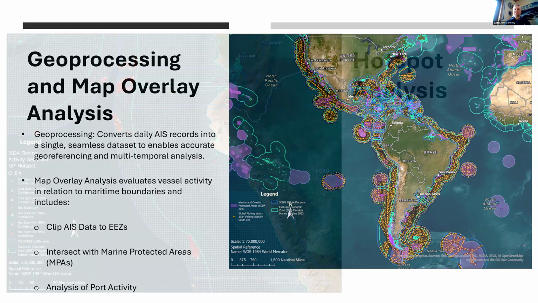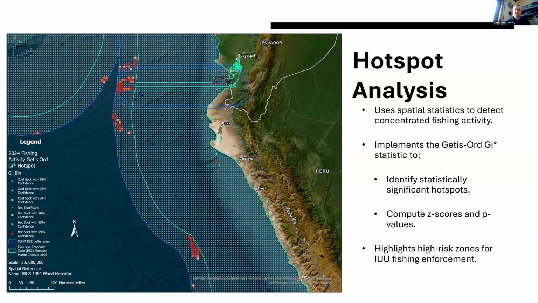All right, so hotspot analysis, I'll talk a little bit about this specific step here. So I mentioned the Getis-Ord Gi*. Why this is important to me compared to something like IDW or Kriging is that I don't want to just look at where the points are more concentrated. Each of those points has the hours of fishing activity, and I cannot see that on a map without performing this analysis.